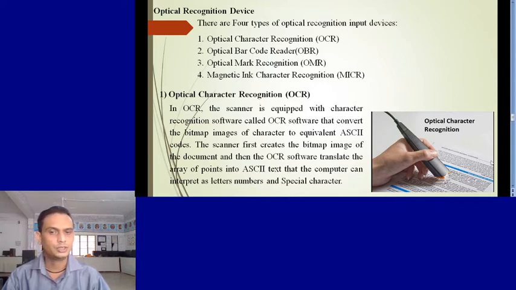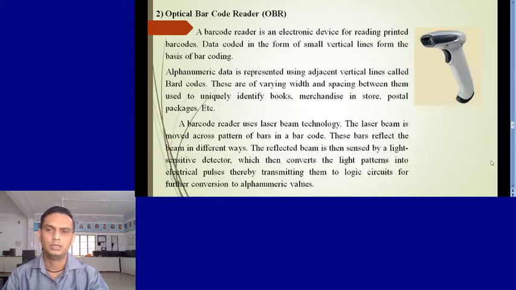The scanner first creates the bitmap image, and that bitmap is translated into ASCII text that the computer can interpret as a letter, number or special character. We know that a computer cannot work on images, so we convert that into ASCII code or binary code, and the computer system can recognize that binary code.